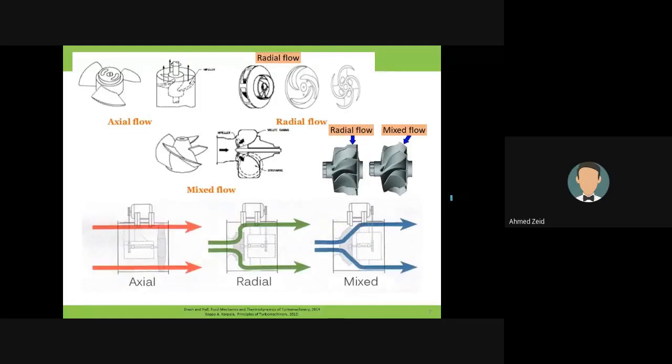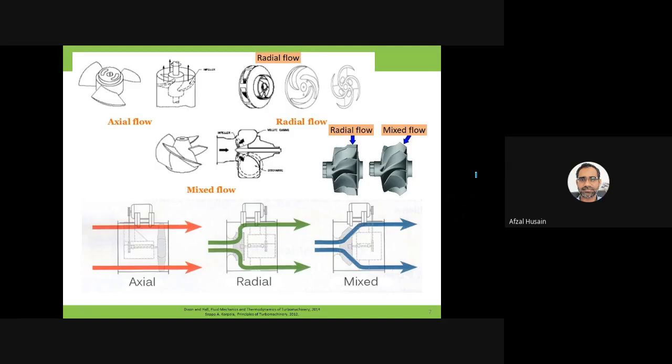Now moving to the centrifugal machine. Doctor, how does the fluid come in, in the centrifugal machine? In which direction? The fluid is coming like you might have seen the air fans that we have in our homes.